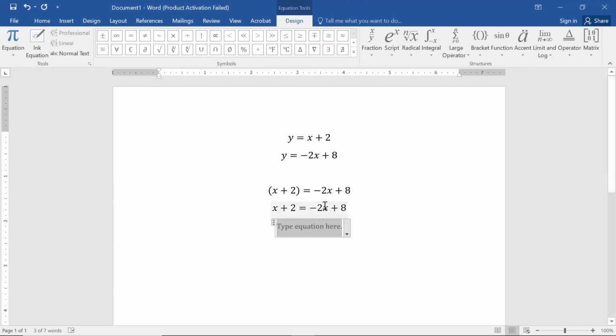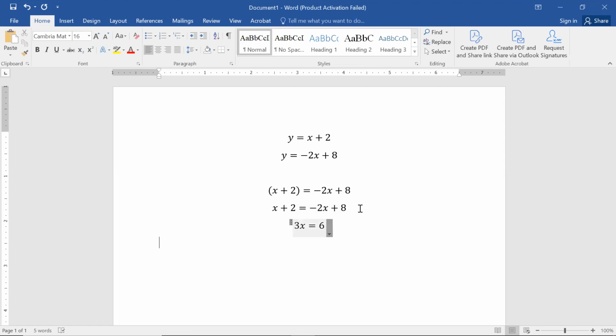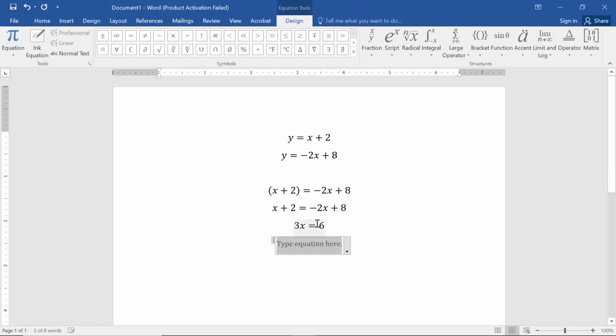I will add 2x to both sides, giving me 3x on the left-hand side. And I will subtract 2 from both sides, giving me a 6 on the right-hand side. When I divide by that coefficient of 3, you get x is equal to 2.